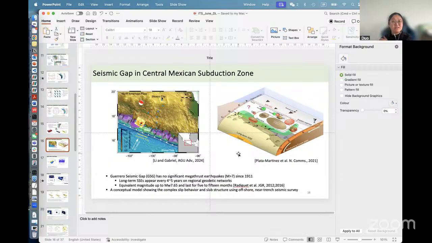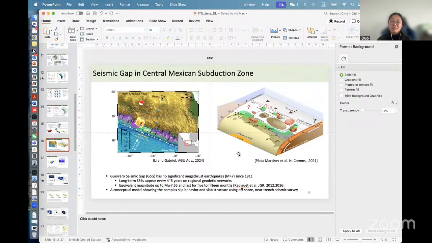It's more related to, for example, the depth of the slow slip or the temperature at that depth.